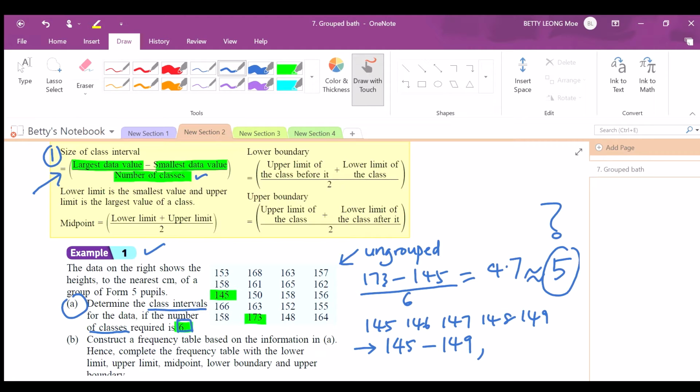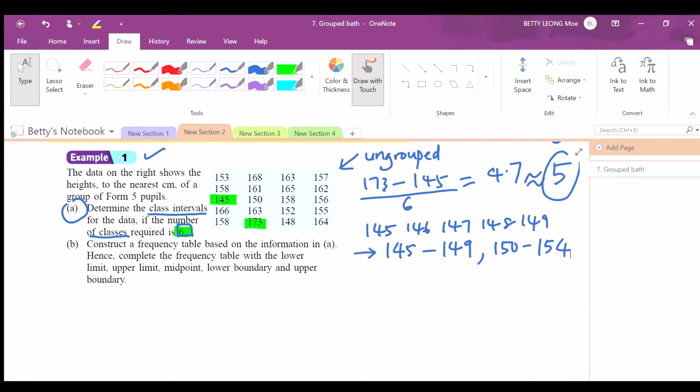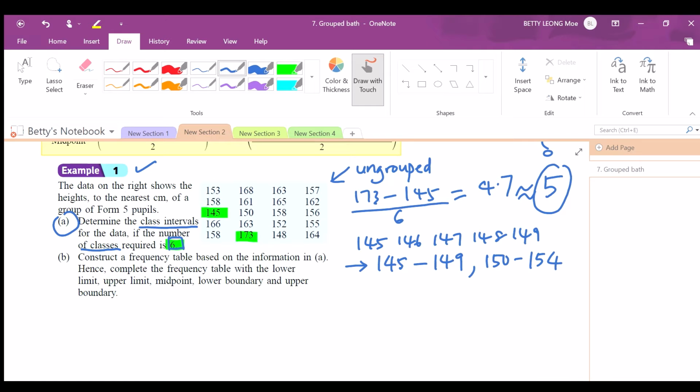The next one is 150 to 154, since it must have 5 numbers. Then next is 155 to 159. Actually it's just plus 4 here, because this one is already one number, and then you add another 4 numbers to make 5.